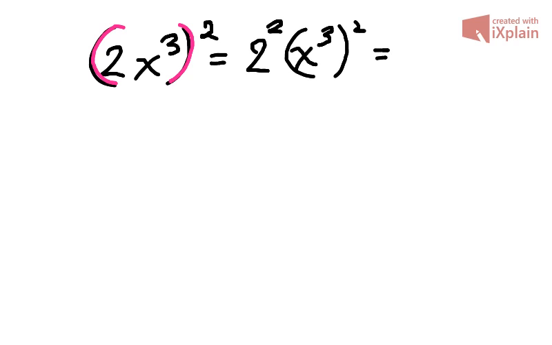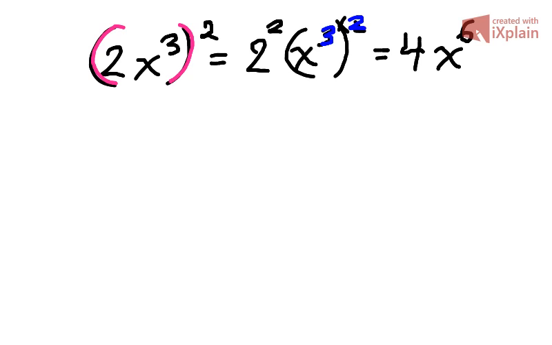So 2 squared, we can do that first, is 4. And what do we do with a power of a power? According to our indices rules, we will simply multiply the exponents. So keep the base, 3 times 2, 6. That's our answer.